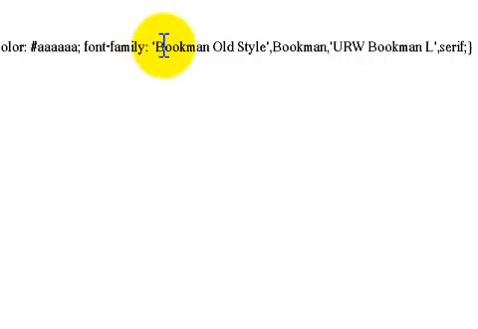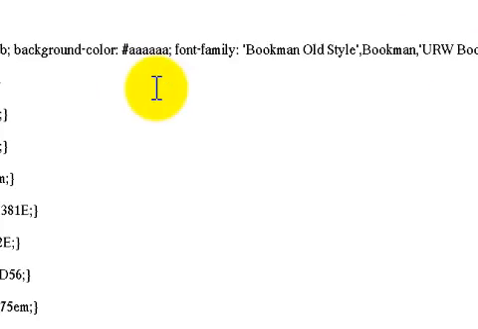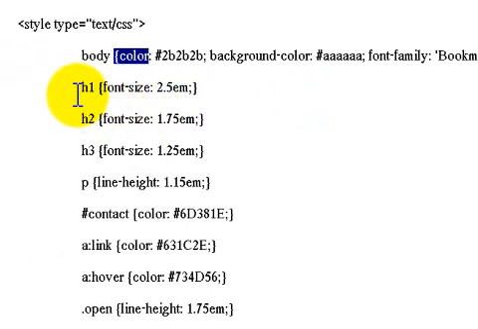I wanted my fonts to look a little bit old-fashioned for my Don's Depot site, so I chose this Bookman Old Style font family, followed by a semicolon, and then a curly bracket to close this declaration. And then I have a number of others in my set of style rules.